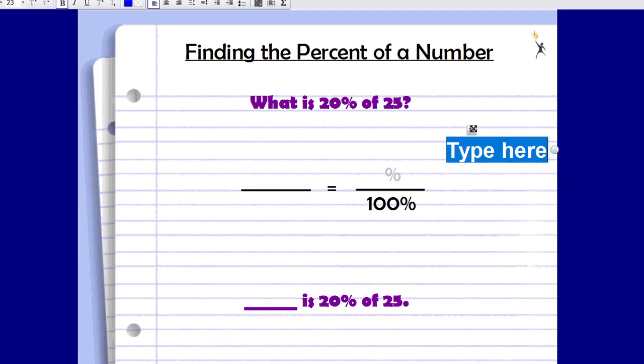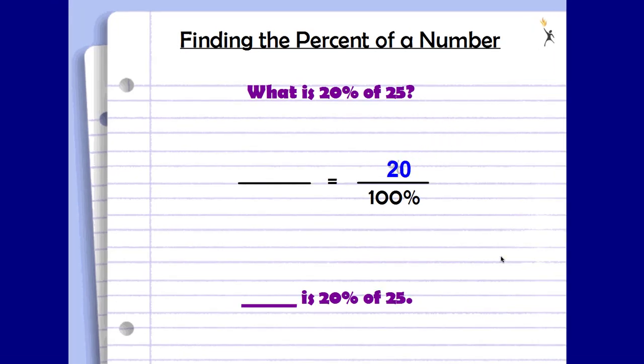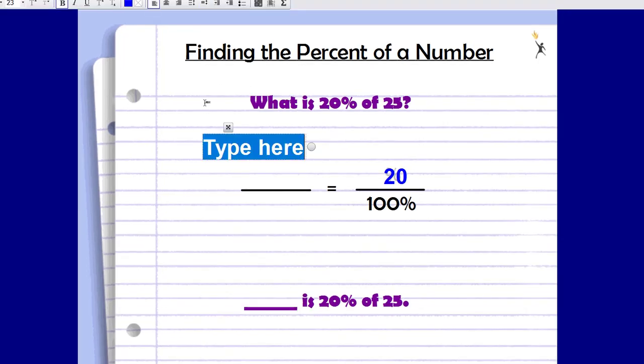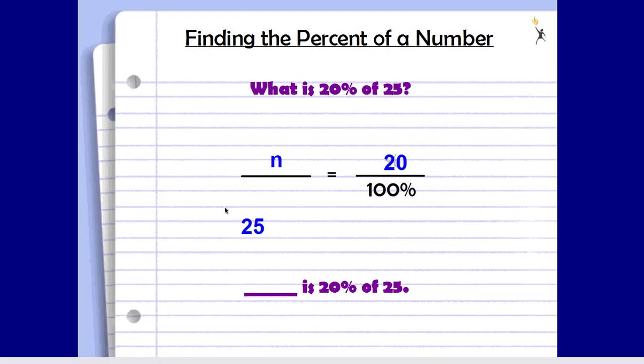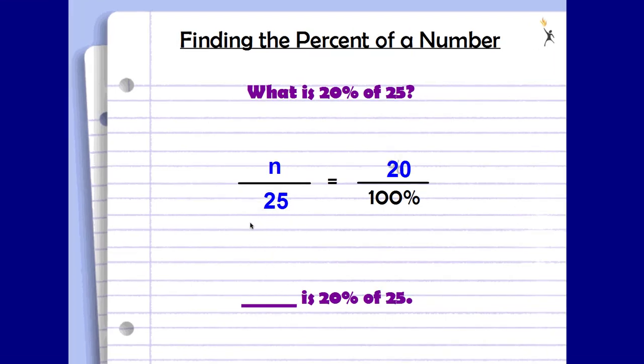So we're given the percent amount, 20, so that goes above the 100 because percent is out of 100. And are we told what the 20% amount is? No, that's what we're looking for, so that will be our n, our unknown amount. And then the 25 is going to represent your whole amount. So here is your proportion. n to 25 equals 20 out of 100.